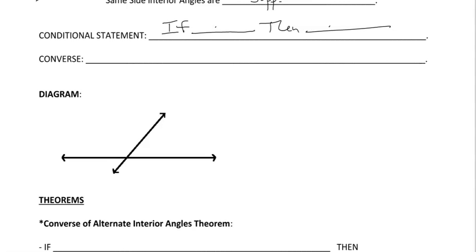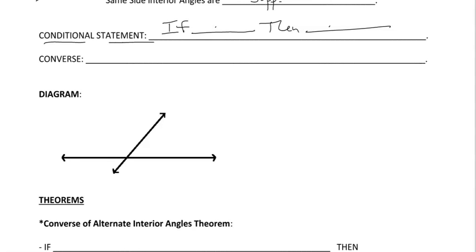It doesn't matter. For example, you could say, if it is a mammal, then it is warm-blooded. That's a conditional statement. You could say, if you eat all your dinner, then you can have your ice cream. That's a conditional statement. And you can have false conditional statements, such as, if you are warm-blooded, then you are a reptile. So it doesn't matter if it is true or false, it is still a conditional statement.